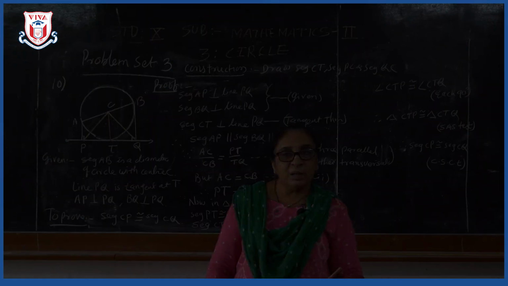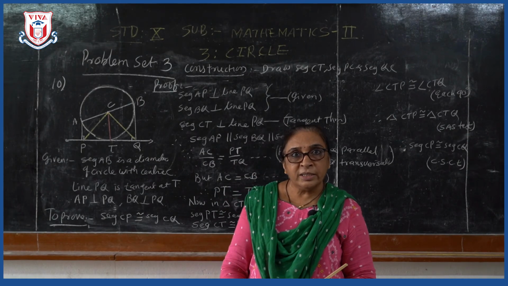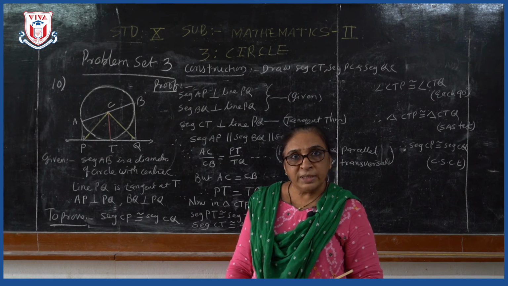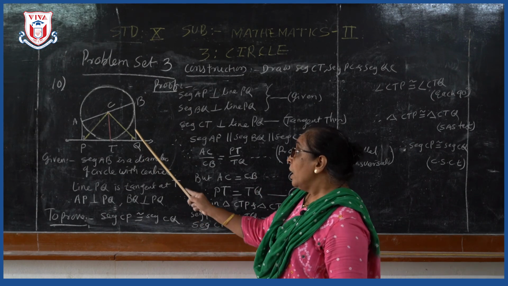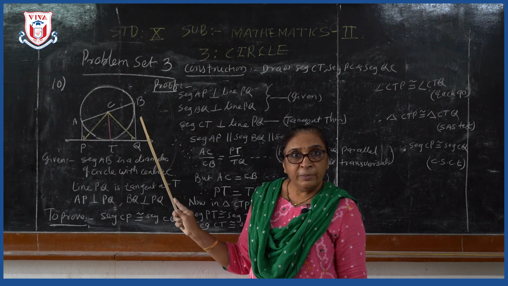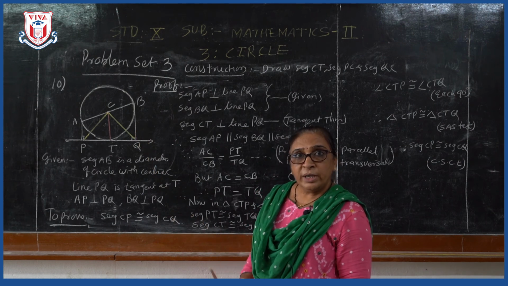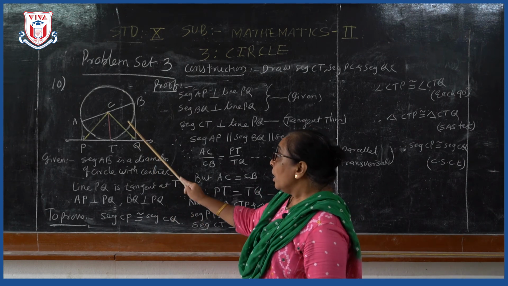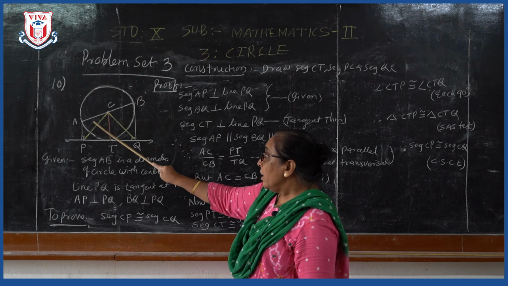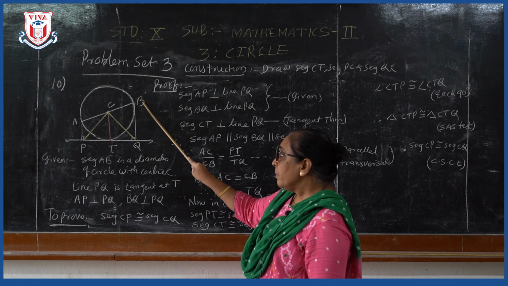Now children, we will solve the 10th example from problem set 3. Just observe the figure. You can see it in your textbook also. C is the center of the circle, AB is the diameter.